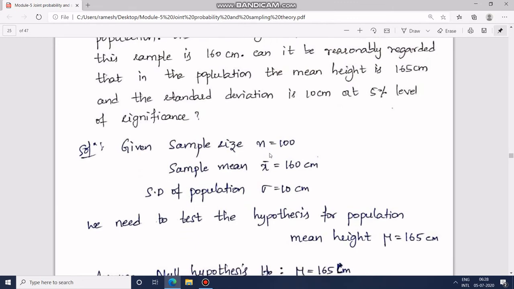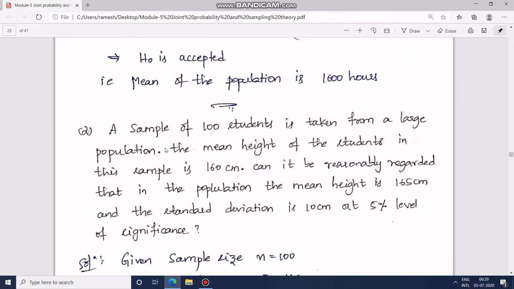In this problem, we need to test the hypothesis for the given data at 5% level of significance. First consider the given data. The size of the sample, that is n is equal to 100, is given.